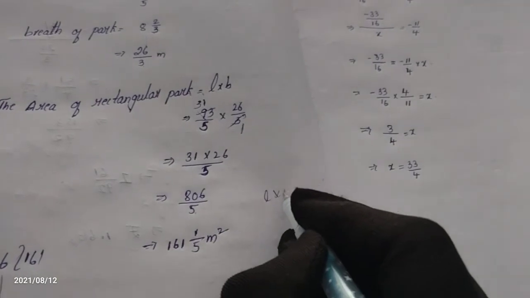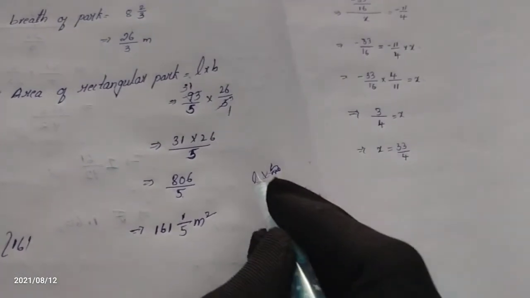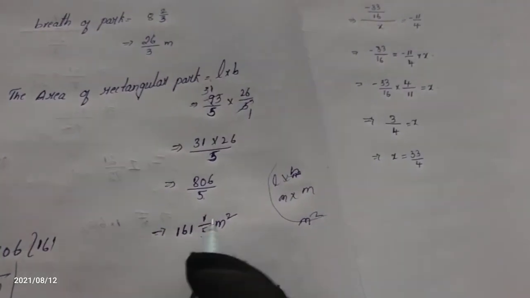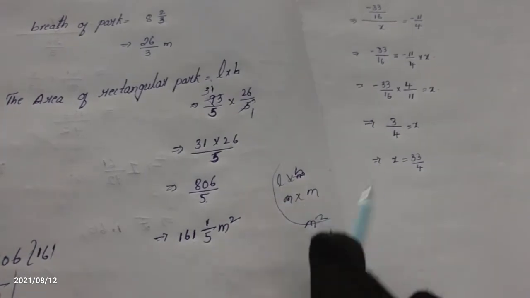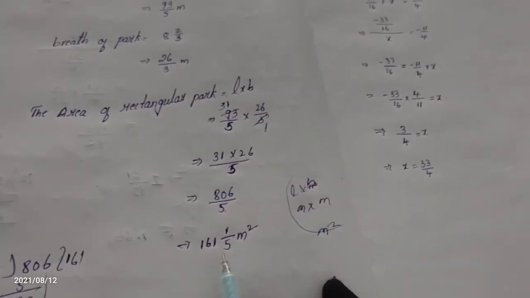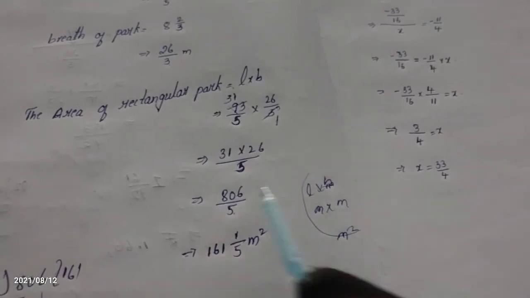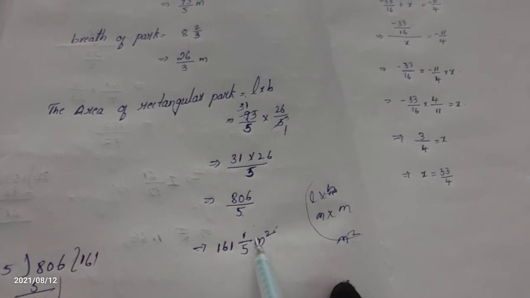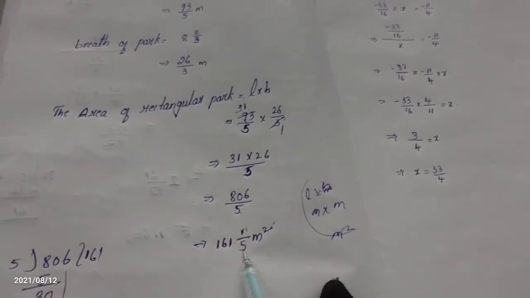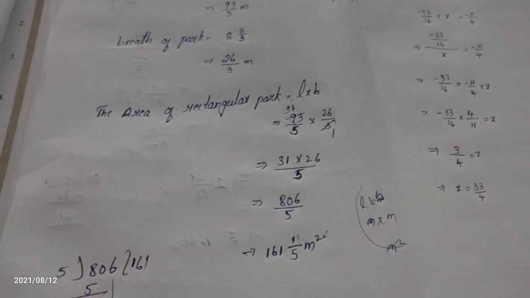Length into breadth means meter into meter, so the unit is meter square. Just write that in the answer: the area of the rectangle is 161 1/5 meter square. Hope you understand the two problems.